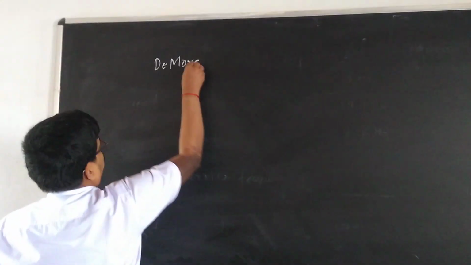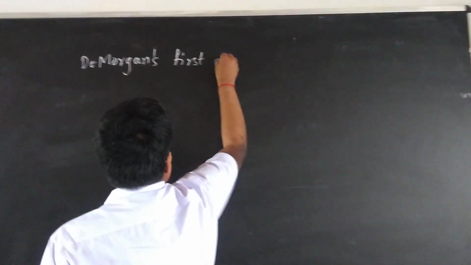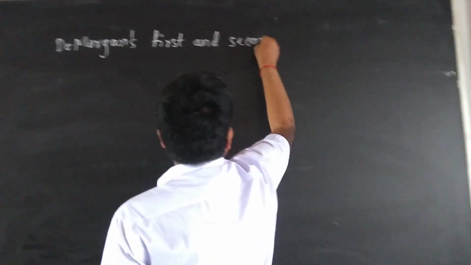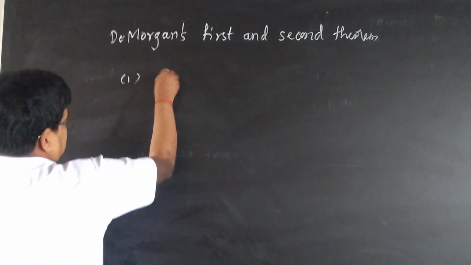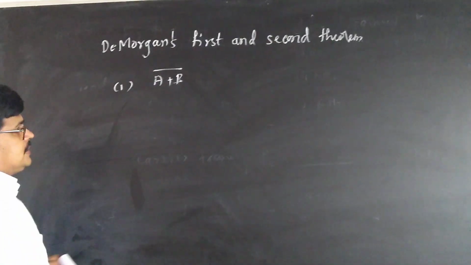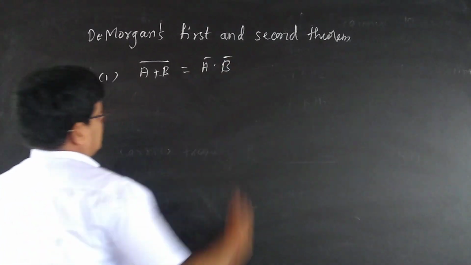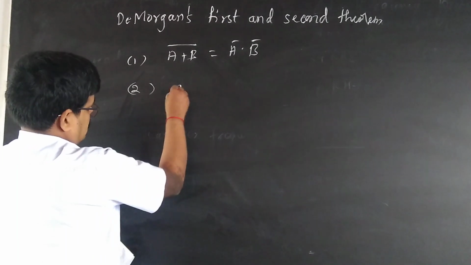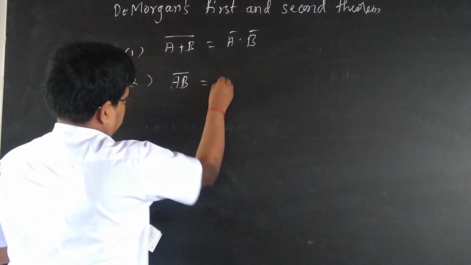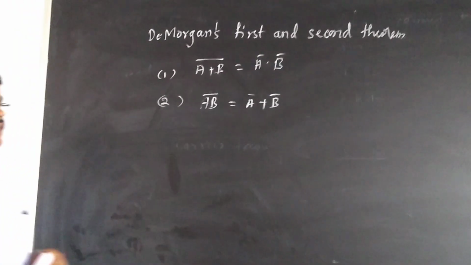So the De Morgan's first theorem tells us that the complement of the sum is equal to the product of the complements. Similarly, the second one: the complement of the product is equal to the sum of the complements. So these are the two theorems.